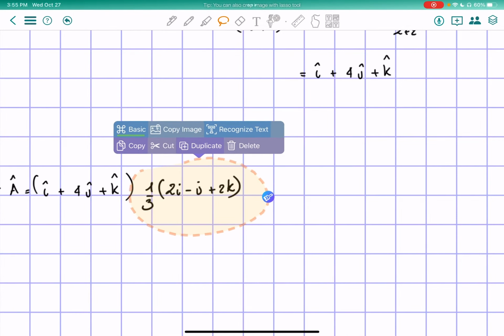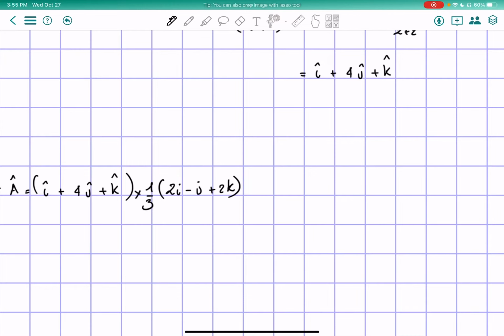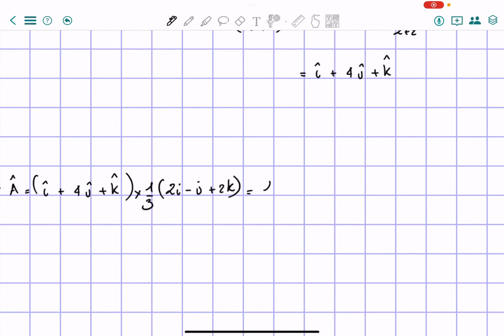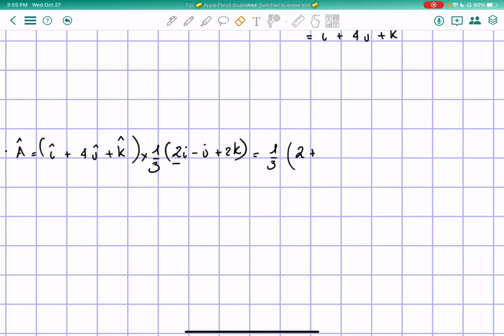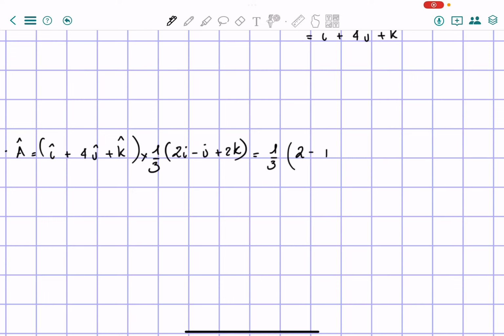So here we're going to have then a 1/3, and then the value of the I times the value of the I, so it's equal to 2, plus the value of the j times the value of the j, which is equal to negative 4, plus 2, which is equal to then 0, so our answer is actually 0.